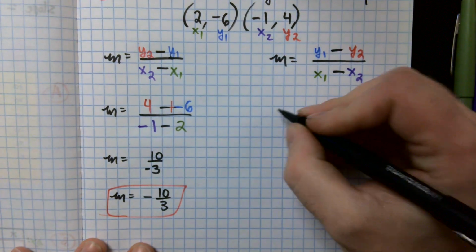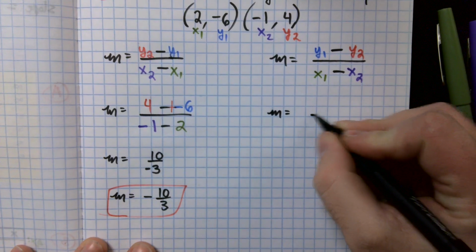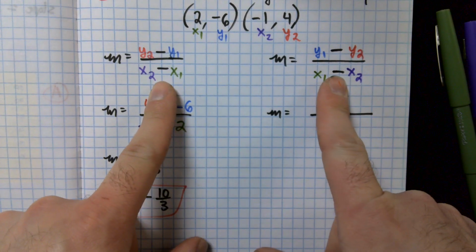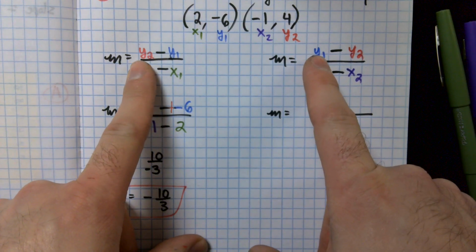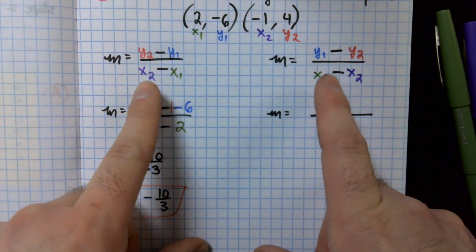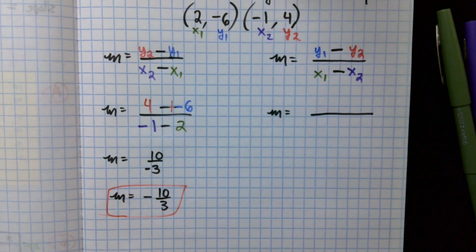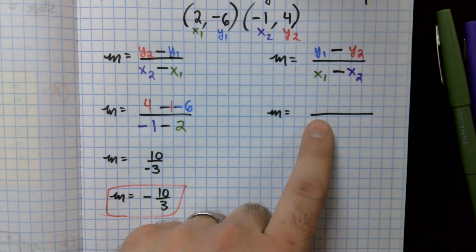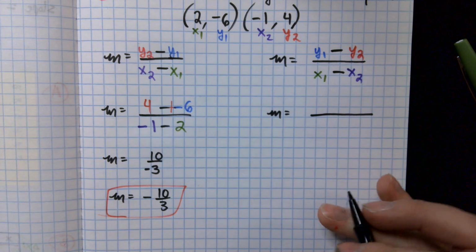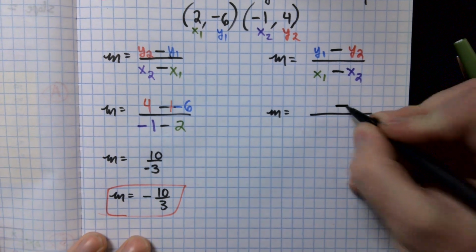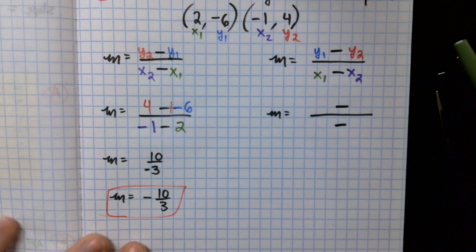Let's see how messy this gets. Do you guys see the difference between what I did here? I swapped the place of y2 with y1 and the spot of x2 with x1. Everyone cool on that? Okay. What am I going to plug in for y1? I'm going to write my minus signs first so I don't forget about them.